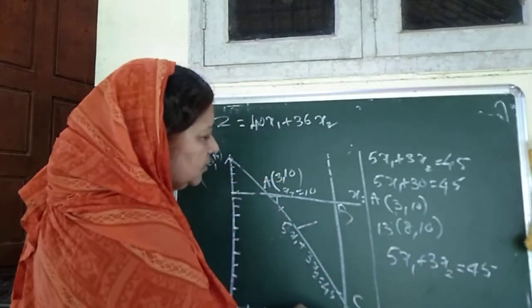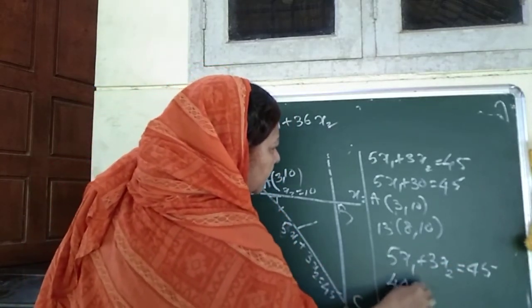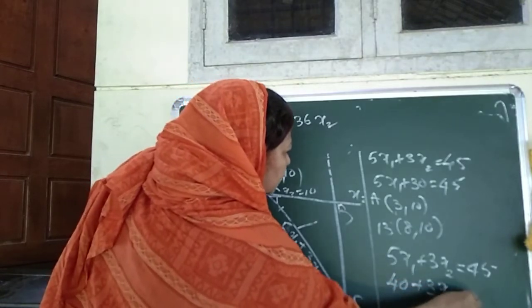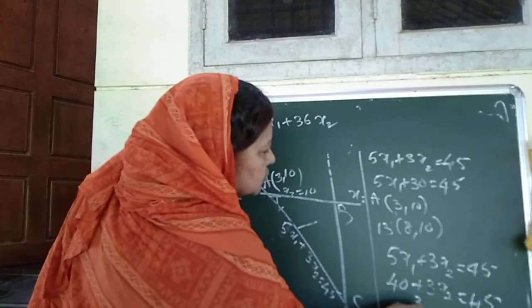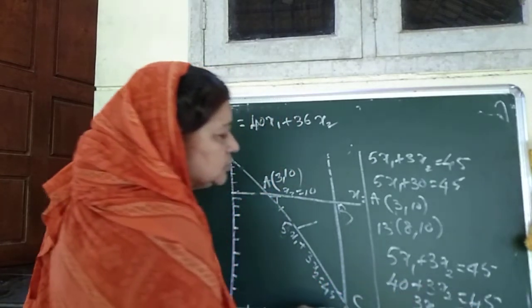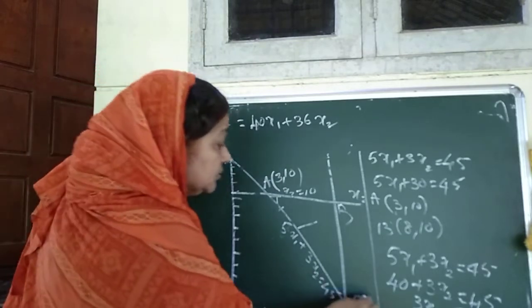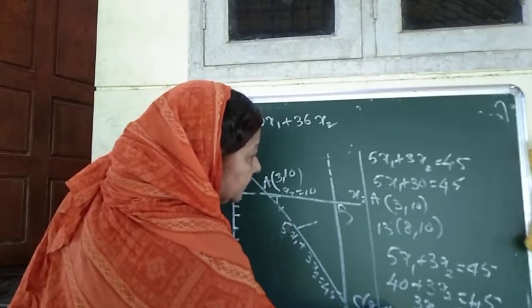With x1 equal to 8, 40 plus 3x2 equal to 45 gives 3x2 equal to 5. So x2 equal to 5 by 3. So C is the point 8, 5 by 3.